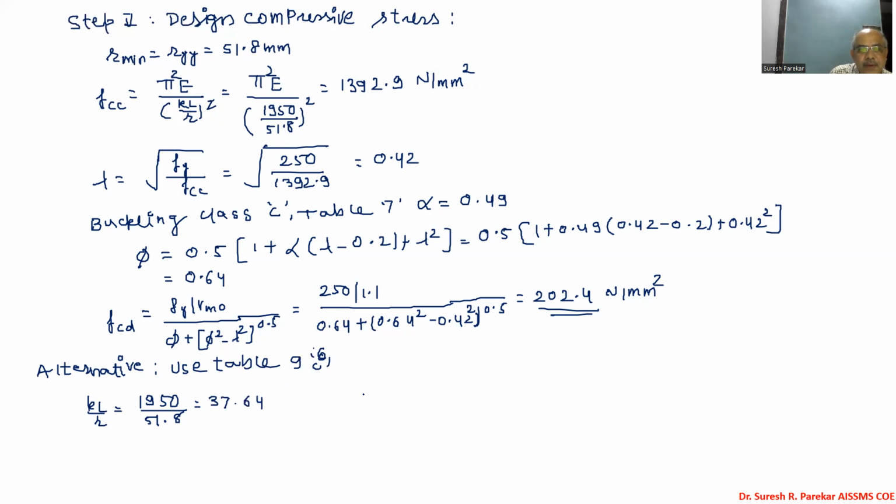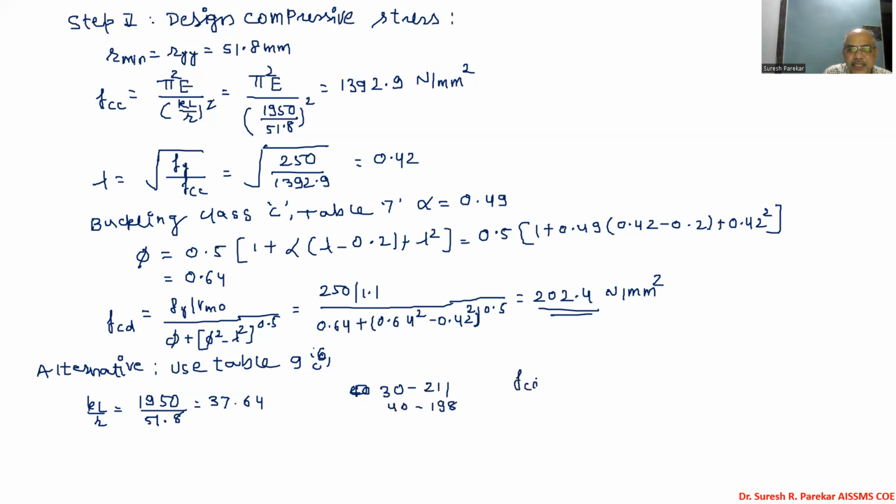Now from table 9C, if we go to table 9C, then we have these values. First, for 30, the value given is 211, and for 40 it is 198.